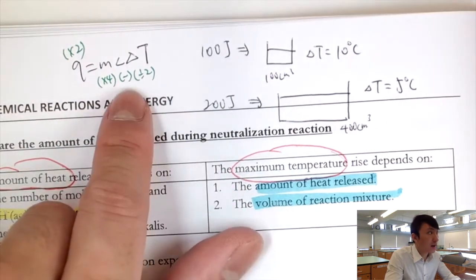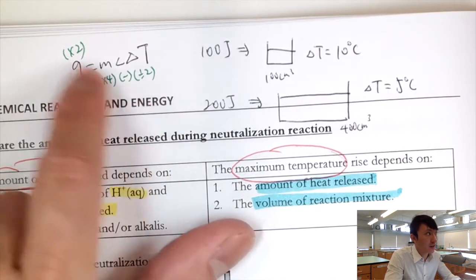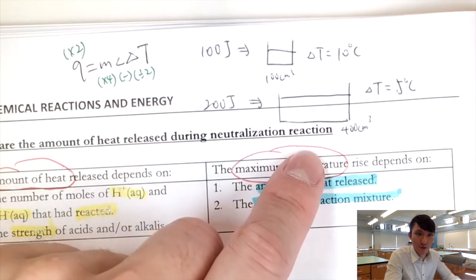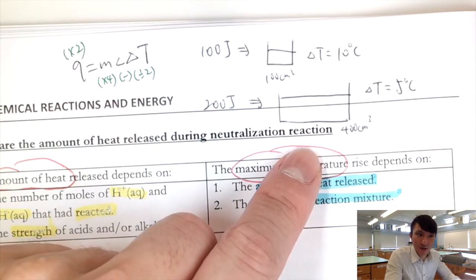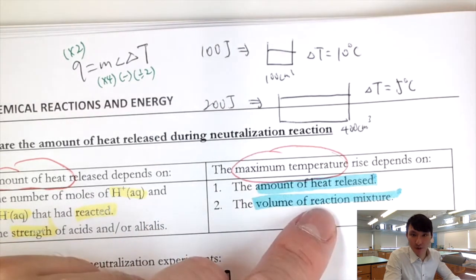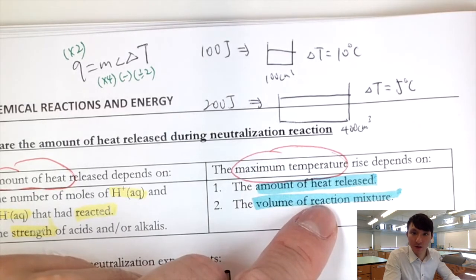So that's why not only are you looking at the heat released, but you also have to look into the total volume of the mixture. Simply put, the larger the volume, the smaller the delta T, and therefore the lower the maximum temperature attainable in this experiment.